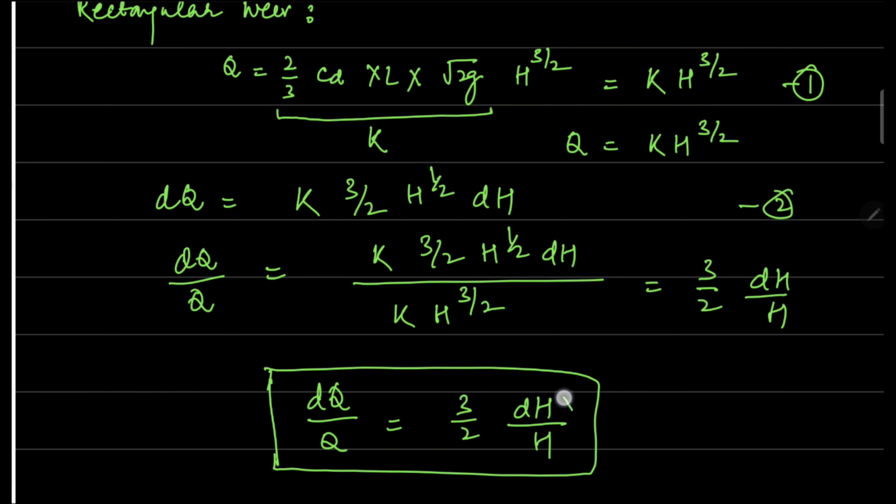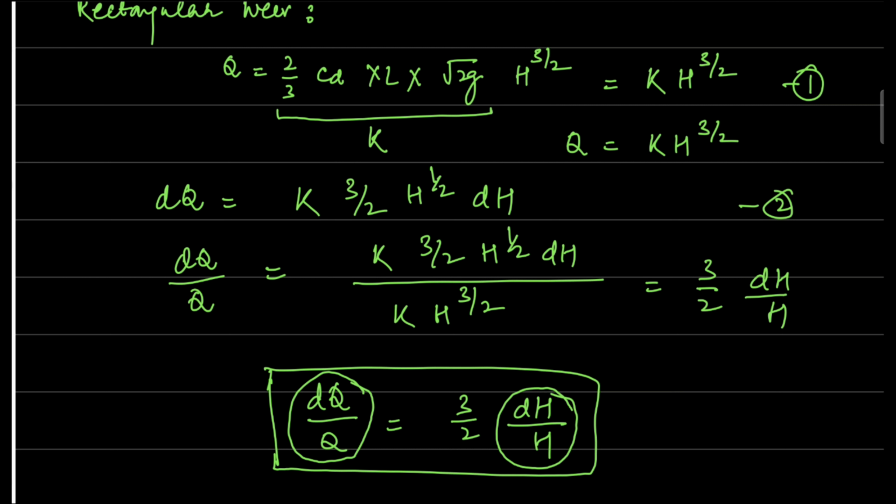This particular term dh by h gives you the relative error in the measurement of the head over the weir. And dQ gives you the error in the measurement of the discharge introduced by the error that occurred during the measurement of the head over the weir.